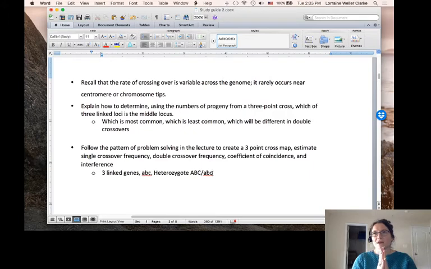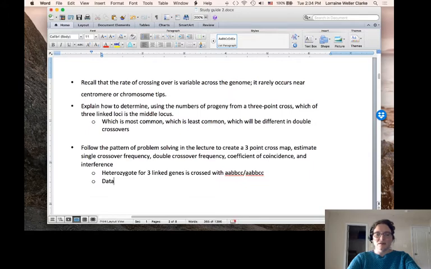We can go through more of the math, but let me just walk through the basics of how you build it. So I give you information about a heterozygote for 3 linked genes crossed with the true breeding recessive.